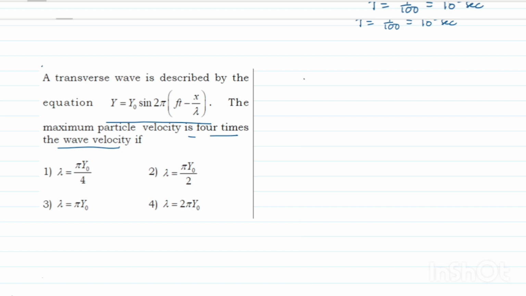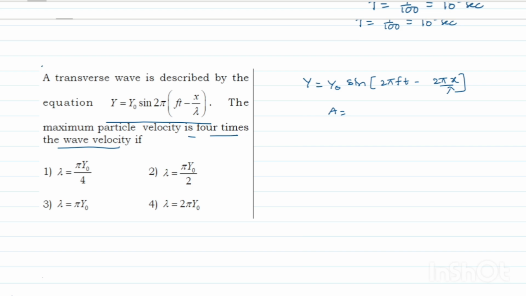So here the equation you can write as y equals y naught into sine 2 pi ft minus 2 pi into x by lambda. I am just taking it inside.